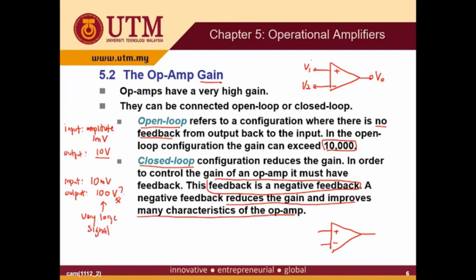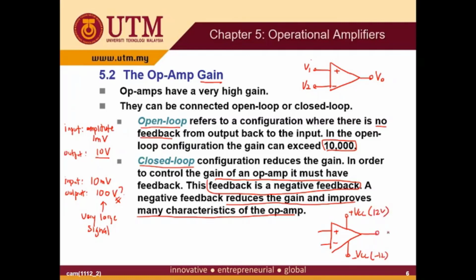For an electronic device, you have a DC supply. For example, in this op-amp, you have a DC supply plus VCC and negative VCC. The output of the device will be limited by plus VCC and negative VCC. For example, the DC voltage here is 12 volt, and this is minus 12 volt.